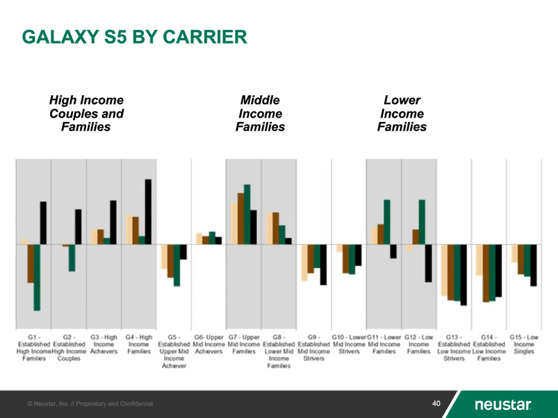It can be used for competitive purposes. So if you are a device manufacturer, for example, and this is analysis around the Galaxy S5 by carrier, it's important to understand who's buying certain devices as well as what carriers they're actually using them on. As a device manufacturer, you may know a little bit about who's buying your devices, although in fact it's the carriers that have that, not the manufacturers.